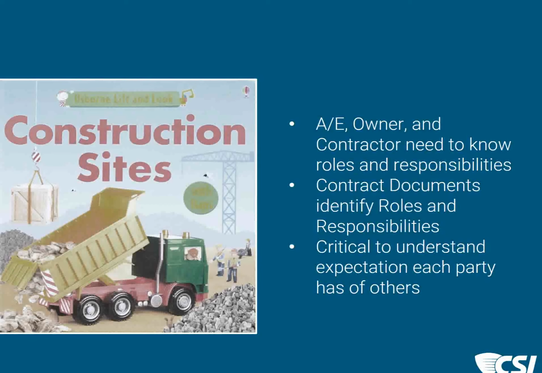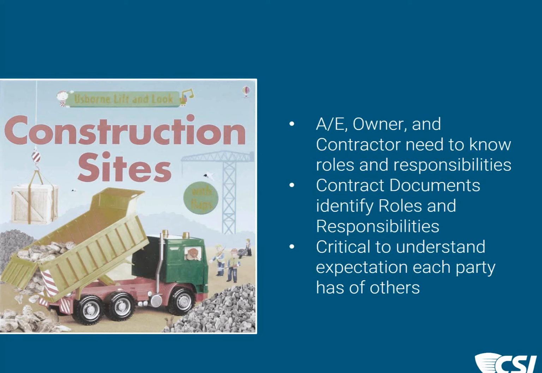Certainly, the three of us, the architect or engineer, the owner, and the contractor, need to understand well our roles and responsibilities. We're going to touch on these as well as, at the end of the discussion today, a conversation about expectations.